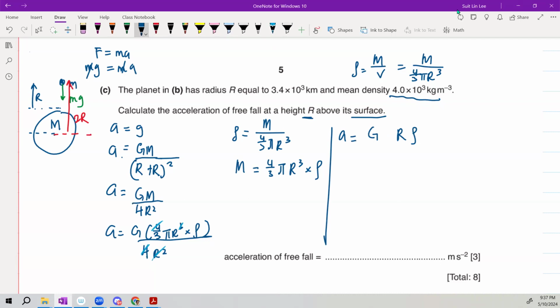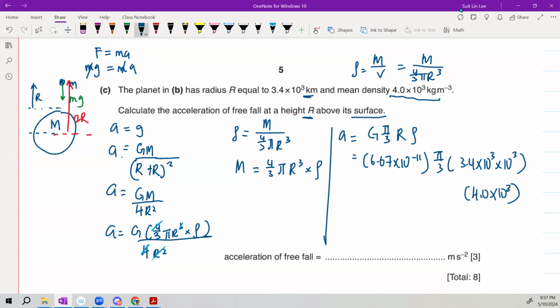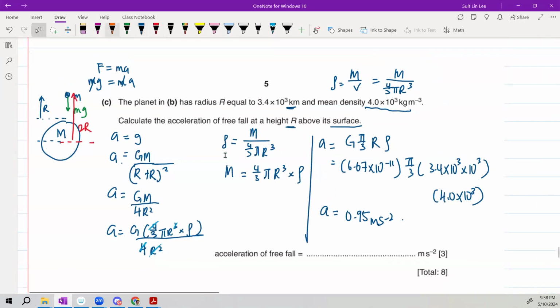They'll put pi over 3 here. 6.67 times 10 to the power of -11, pi over 3, 3.4 times 10 to the power of 3, times 10 to the power of 3 because of the kilo here. And the density that we have is 4.0 times 10 to the power of 3. Then you have your a is 0.95 meters per second squared. Stay calm. Can do one.